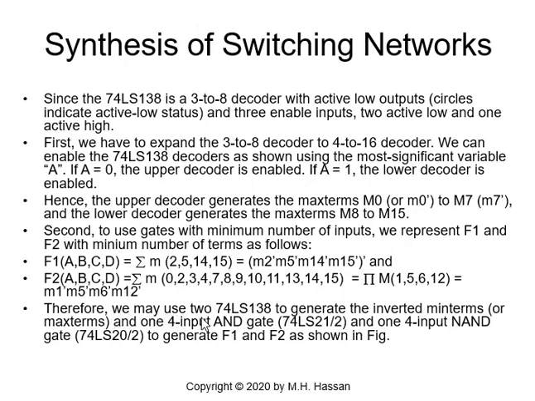Therefore, it's two 74 decoders to generate the terms or max terms, one 4-input AND gate, which is half of the 7420, to generate F1, and one 4-input AND gate, which is the other half of the 7420, to generate F2, as shown in the figure.